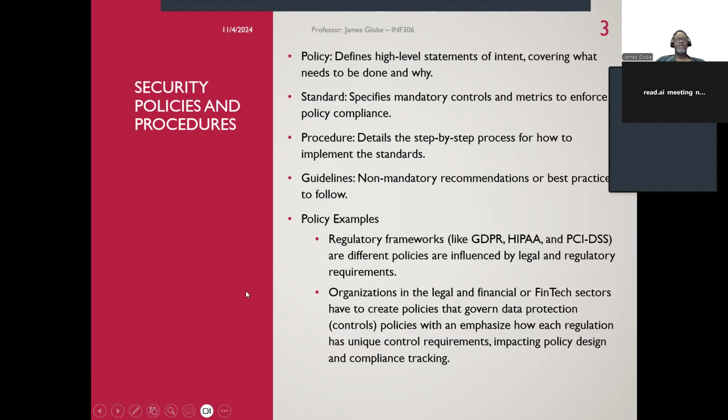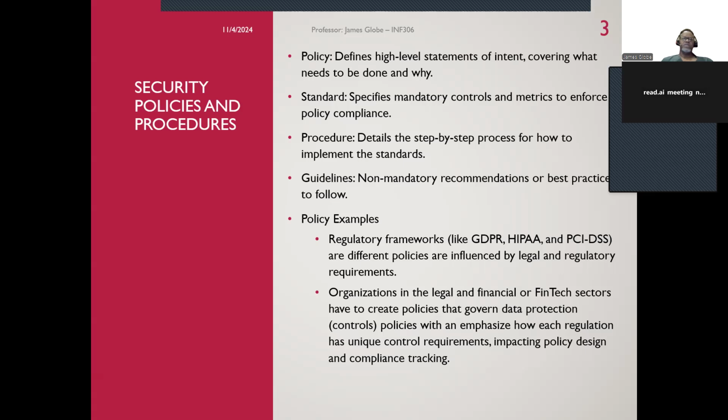So a standard could be that all operating systems will be Mac OS for laptops, Linux or Unix-based systems for servers, and for desktops, Windows-based systems. That'll be our standard. And that can be one standard document, or one policy, or multiple policies, one for laptops, one for servers, one for desktops.